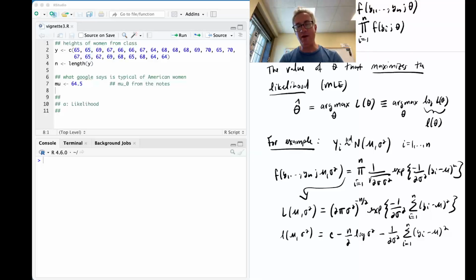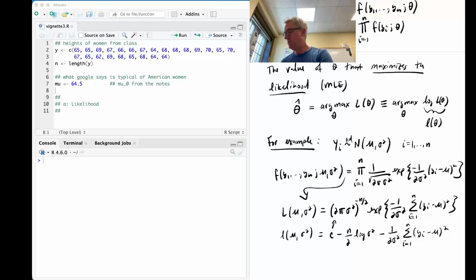Everyone's always like, why you got to do logarithms? This is the reason to do logarithms. It turns this big product into a sum and gets rid of the exponent. And the c is really just minus n over 2 log 2 pi, which doesn't have anything to do with mu or sigma squared, so it's irrelevant from the perspective of an analysis of the likelihood, which is really all about those parameters.